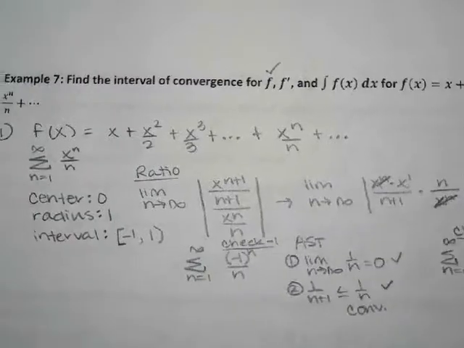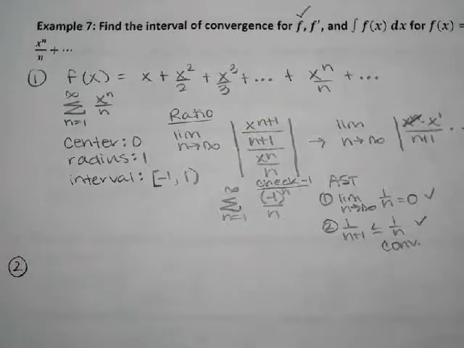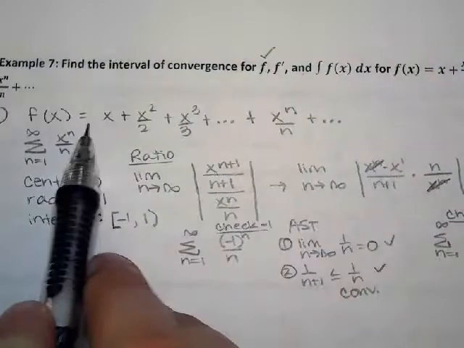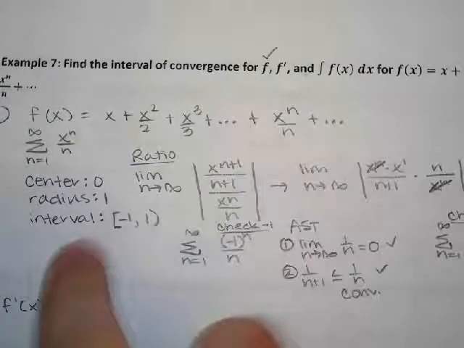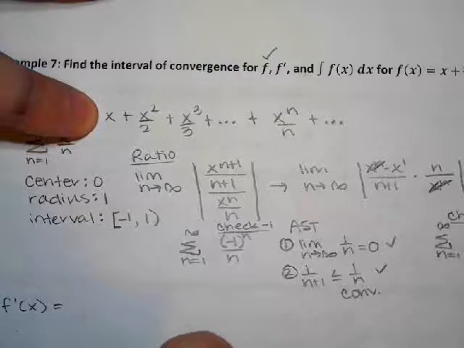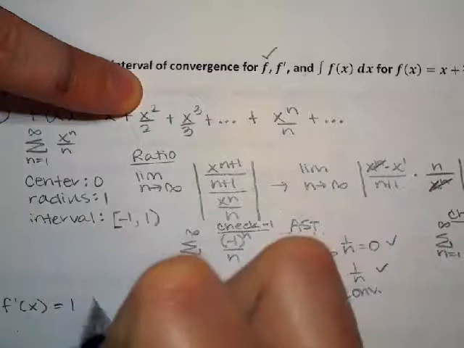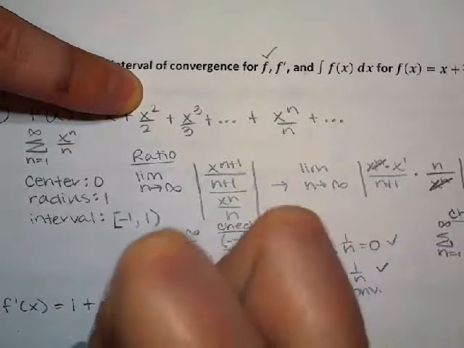F prime of x. So the derivative of each of these. So f prime of x, the derivative of x is 1. The derivative of x squared over 2, 2x to the 1 over 2, the 2's cancel, it's just x. The derivative of x to the 3rd over 3 is 3x squared over 3, which is just x squared.